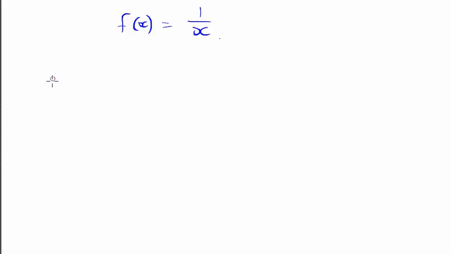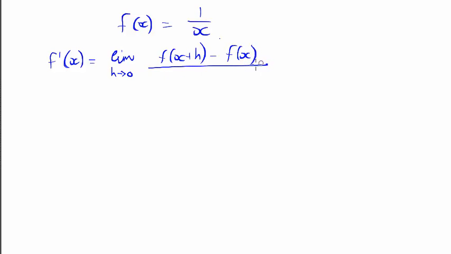So let's find the derivative from first principles. For this one, we'll take the formula, the limit as h tends to 0 of f(x plus h) minus f(x) over h.